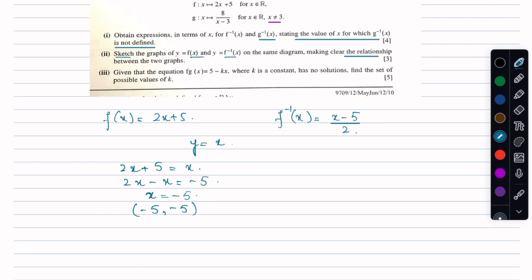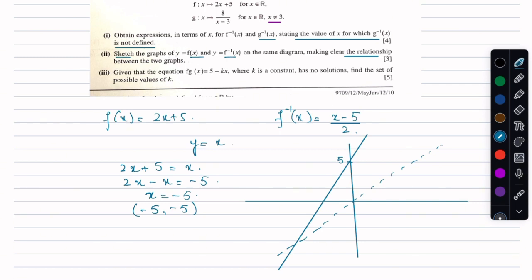So just start sketching the graph, the x-axis and the y-axis here. The y-intercept is 5 for the function. The gradient for the function is 2, meaning the line has to slope up.